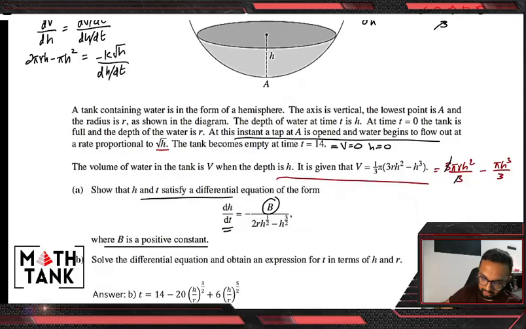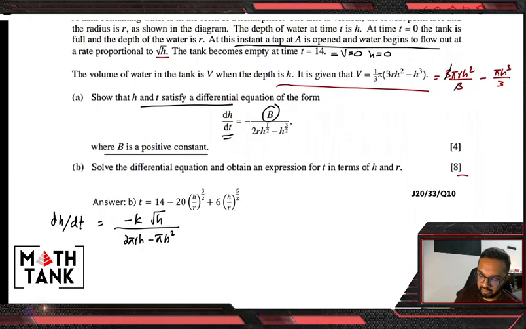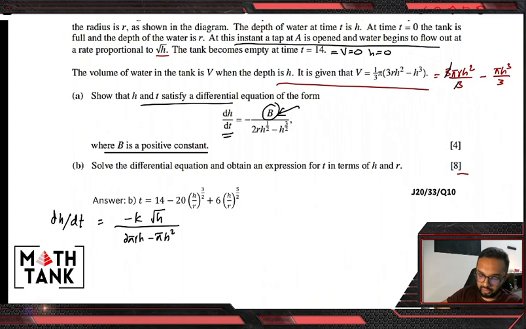Let's try to then come up with this expression. I'm going to rewrite this expression so that I can then solve it. dh over dt equals minus k root h over 2 pi r h minus pi h squared in the denominator. Now what I notice is there's no variable here, and this is just a positive constant.